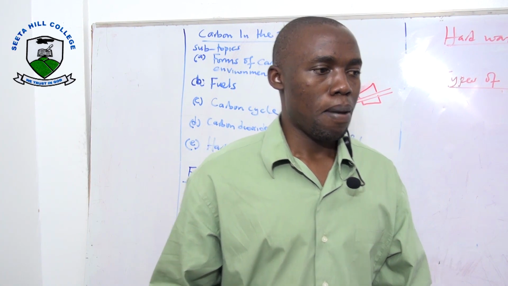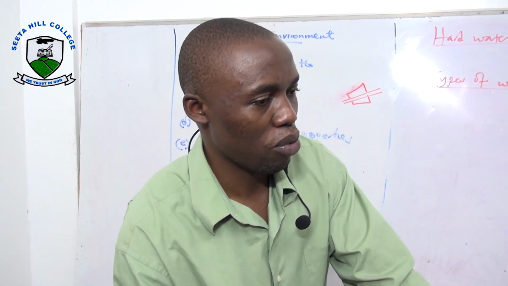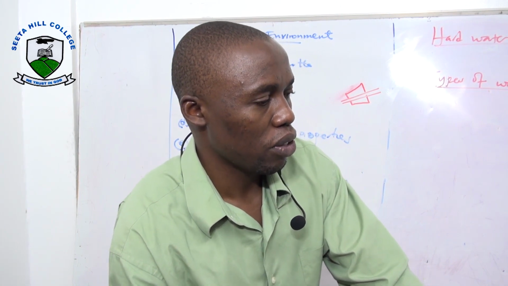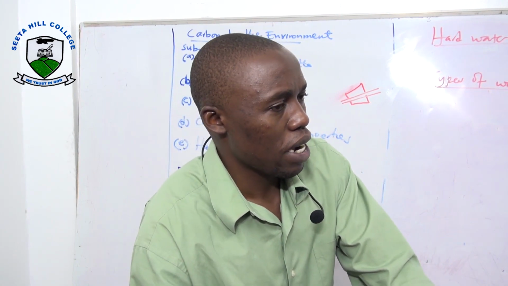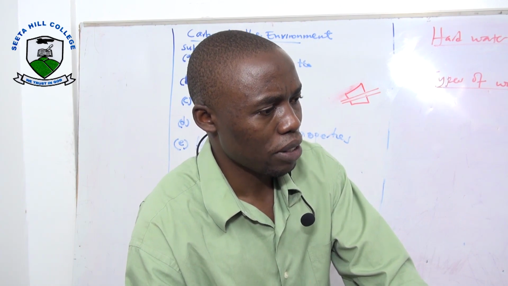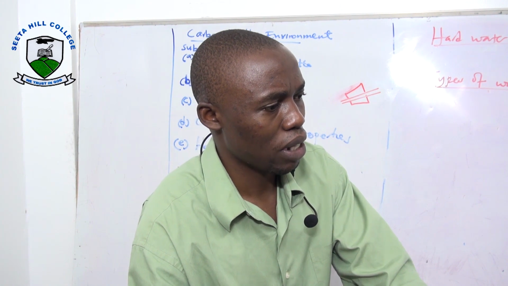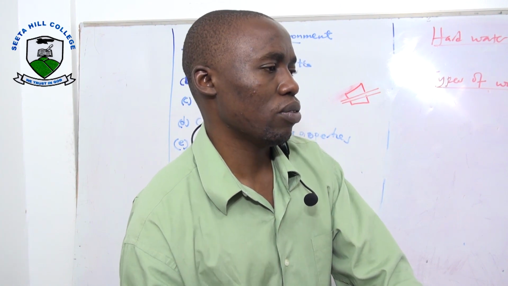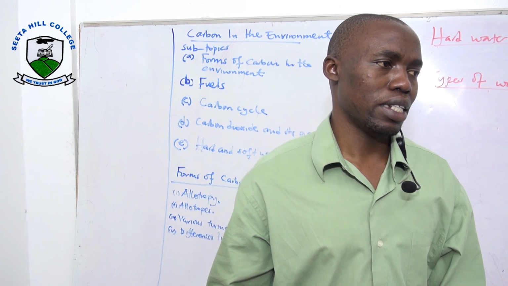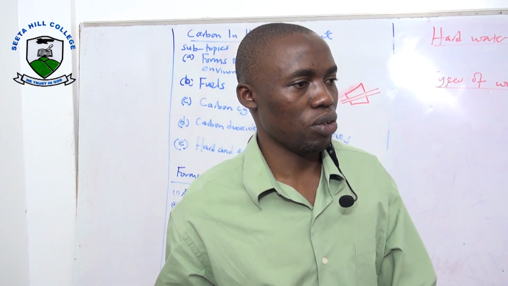Now, let me first emphasize this point before we move on to the types. Water from the atmosphere, what really makes water hard is that you cannot behave in a certain way unless there is a problem with you or something unique with you.